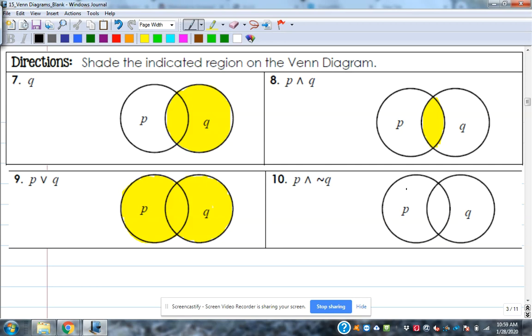So our coloring should only be the part outside of that crescent shape on the left. I'm trying not to color in there.